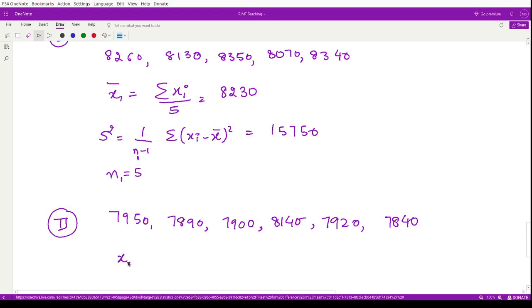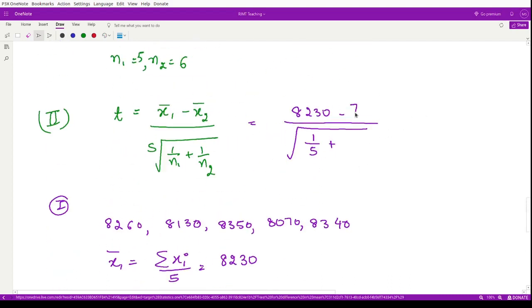For this, your mean x2 bar would again be calculated by summing all the data values divided by 6, because here your n2 is 6. So in this case, the value of x2 bar comes out to be 7940. N2 is 6.